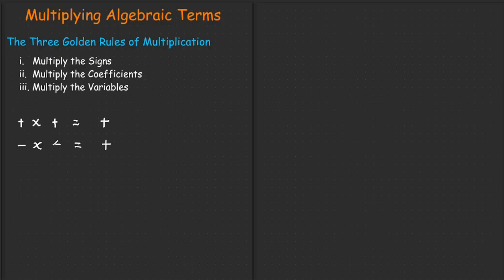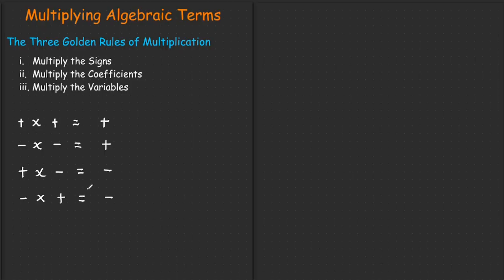So simply put, if the signs are the same and then you are multiplying, your result is always a positive. On the other hand, if you have positive and you are multiplying it by a negative, then you get a negative. Also, if you have a negative and you are multiplying by a positive, your result is also negative.